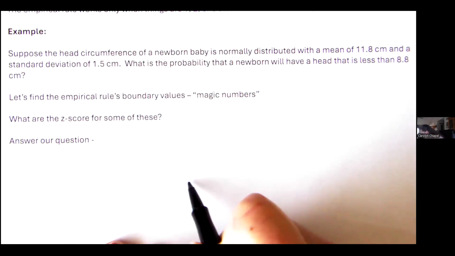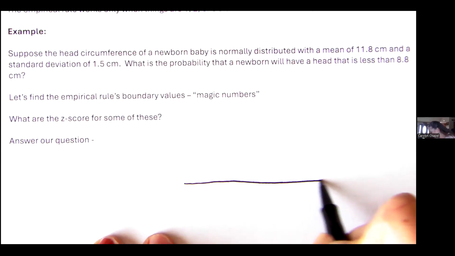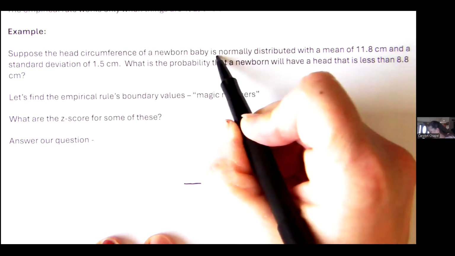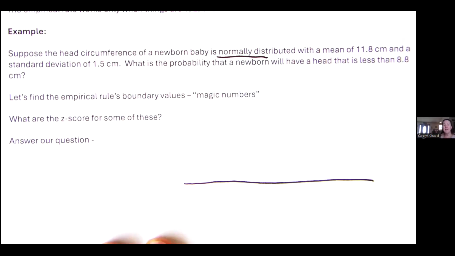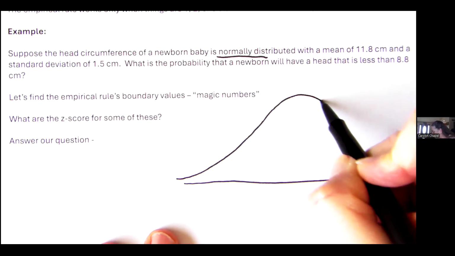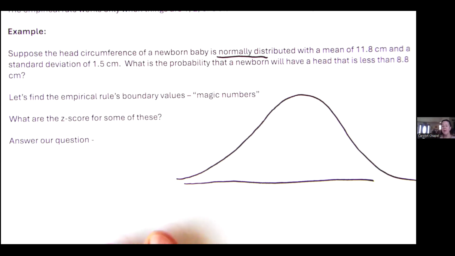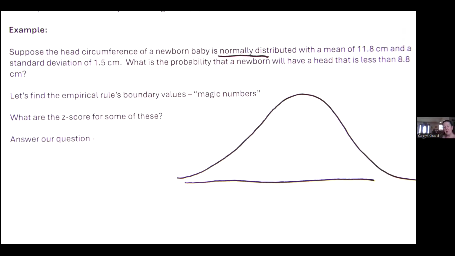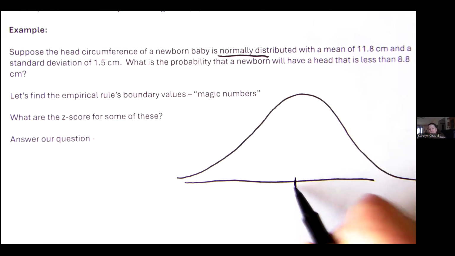So I'm going to kind of just draw my normal curve. And I can draw a normal curve because in the problem it said it is normally distributed. What that means is the size of a baby's head follows this normal curve. Okay. Again, my normal curves are a little bit wonky. They always look the same, but I do know it's going to be centered around the mean.